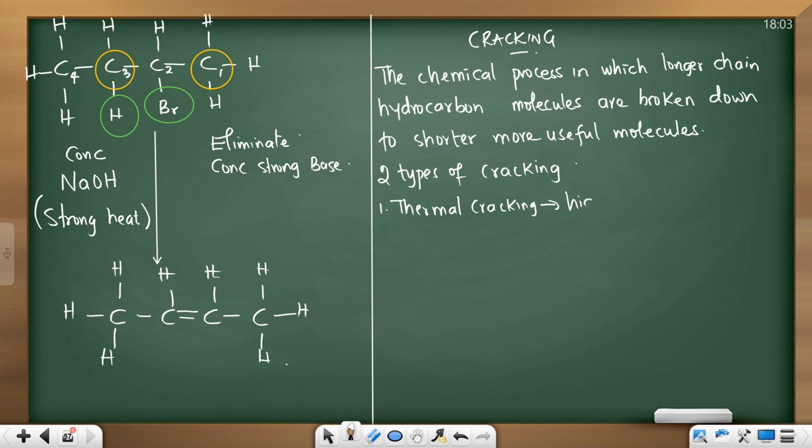This is where we use high heat, therm from the word thermometer, and high pressure. And number 2, catalytic cracking. This is where we use a catalyst to crack.